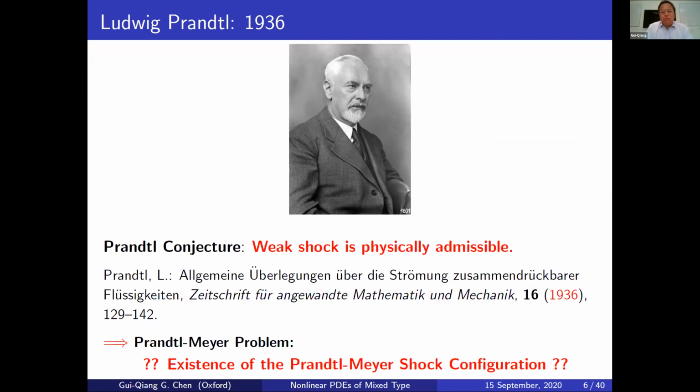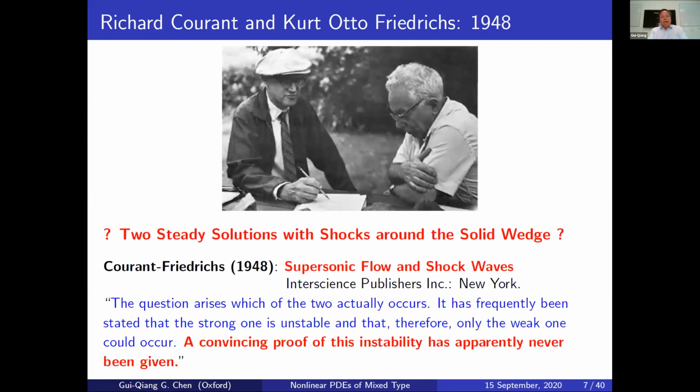He also proposed a dynamic configuration such that as t goes to infinity, the solution asymptotically approaches this weak shock solution. So if we can verify it, that means we can verify the weak shock is physical and asymptotically stable in time.